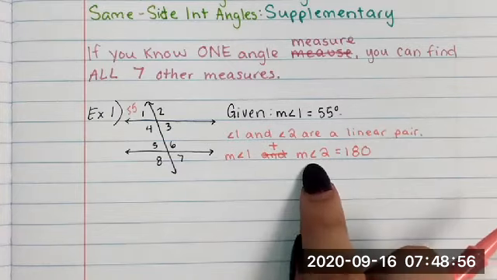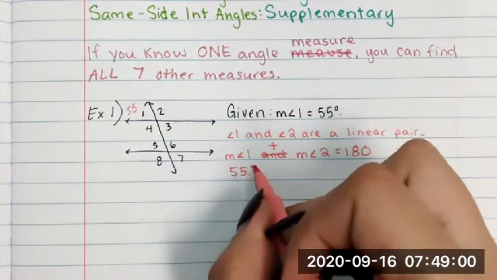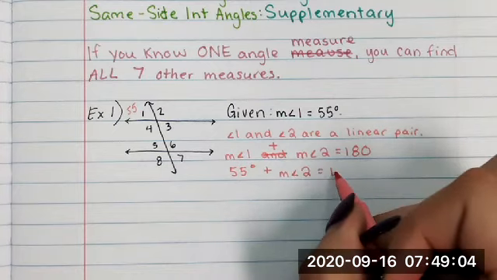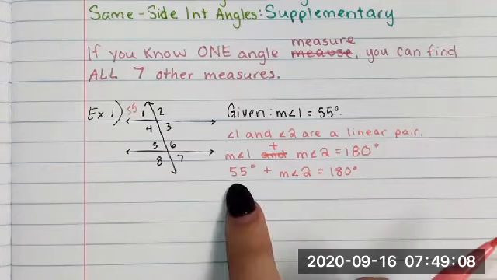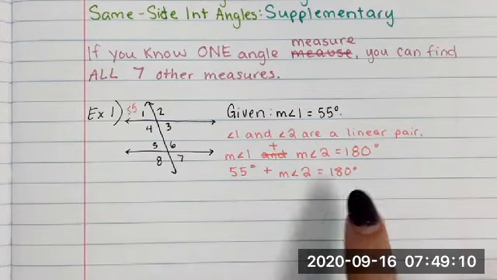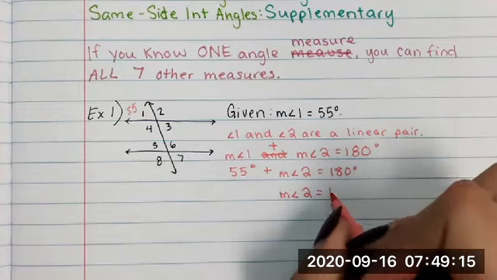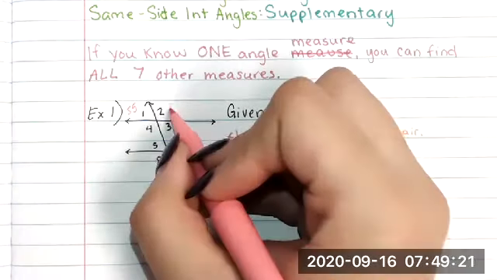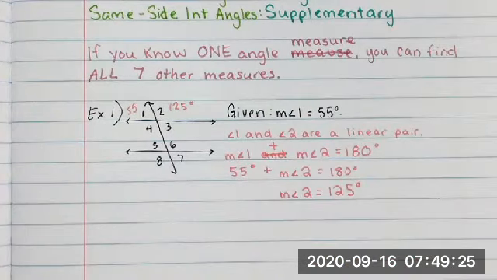So in order to find 2, I would do 55 degrees plus whatever the measure of angle 2 is equal to 180 degrees. And I would subtract 55 from both sides to get the measure of angle 2. It's 125 degrees. So now I know the two different numbers I'm going to use for this whole paper.